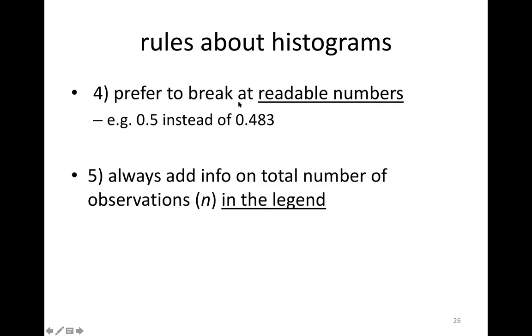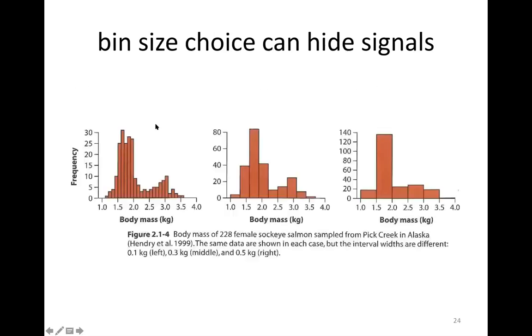Having bins that break at readable, round numbers is usually helpful. Otherwise, it doesn't really matter, but it's just a matter of convention, of making nice looking graphs and not confusing your readers too much. The easier a graph is to grasp as fast as possible, the better.